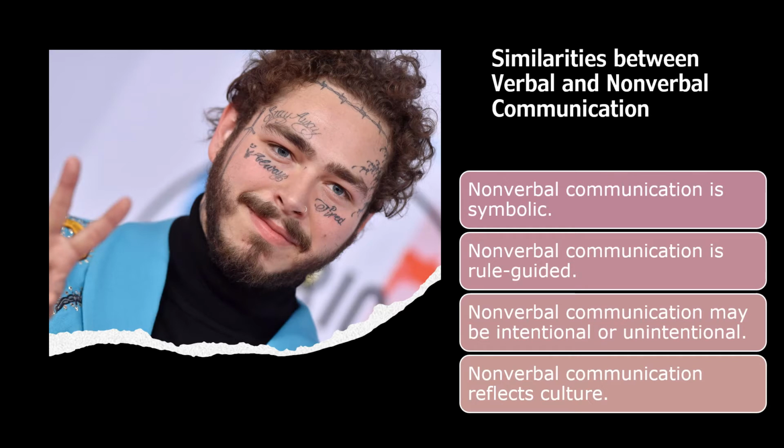At the same time, though, nonverbal communication and verbal communication are both rule guided, meaning there are certain expectations that come with both verbal and nonverbal communication. For example, on page 22 of your book, it talks a little bit about communication rules, that there are both regulative rules that describe when, how, where, and with whom to talk about certain things.